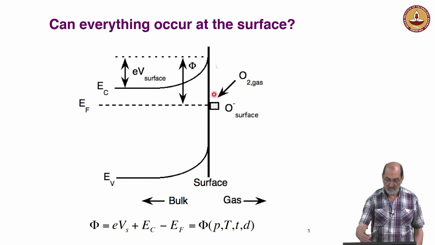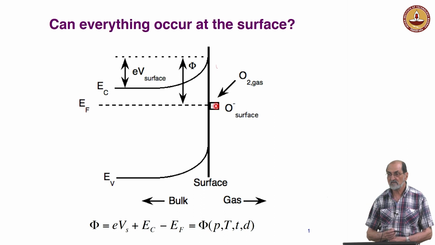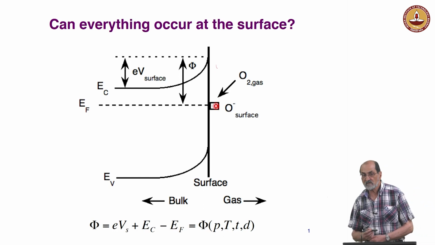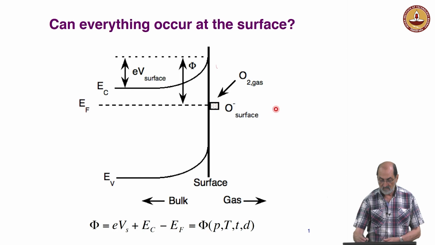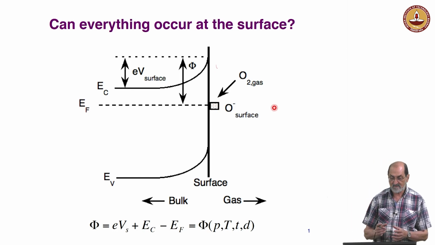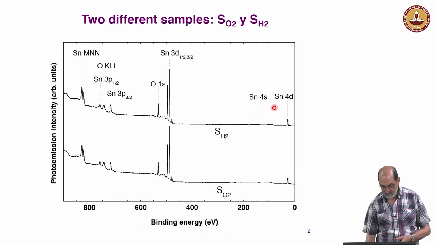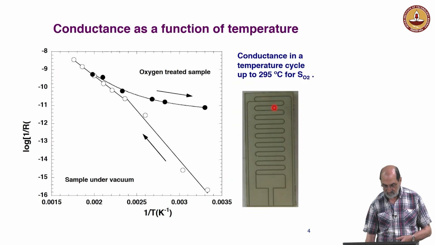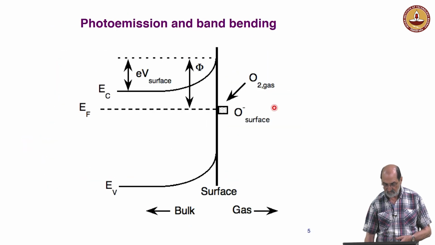Can everything be explained by changes in the barrier height? According to experiments, the answer is no. Because we made samples with the same barrier height, and we don't measure the same conductivity.